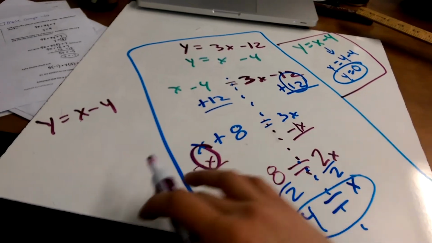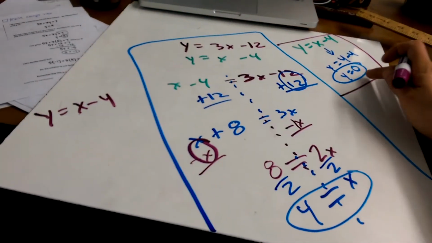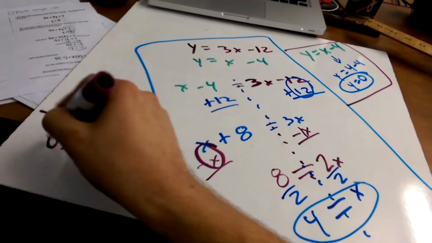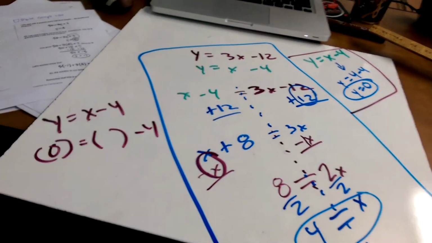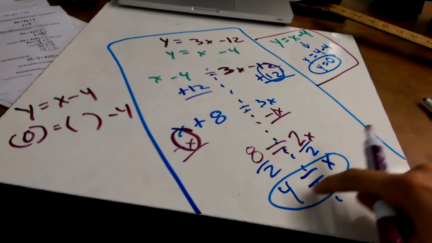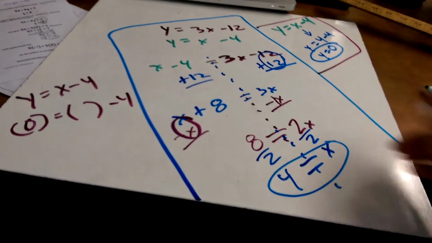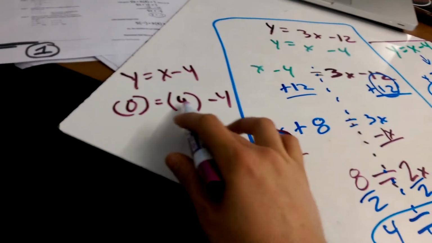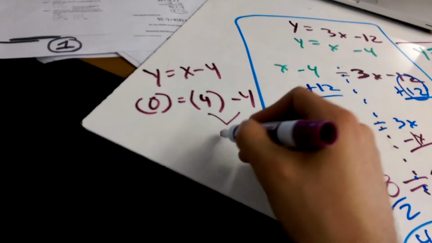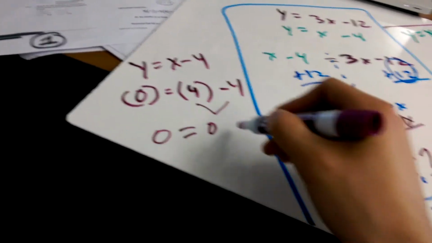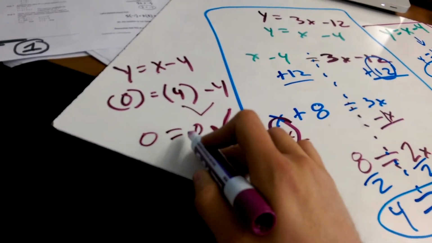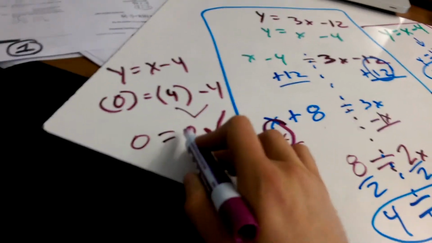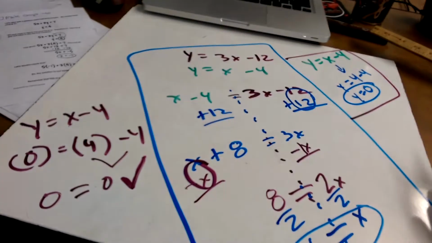So instead of plugging in this y right here, I'm going to plug in the 0. So I can put 0 right here. 0 equals parentheses take away 4, and instead of x, I can plug in what I found for x, this. So plug it in right here. 4 take away 4. This gives me 0. 0 equals 0. So my check step tells me that because 0 equals 0, and because this is correct, that means all of my work is correct.